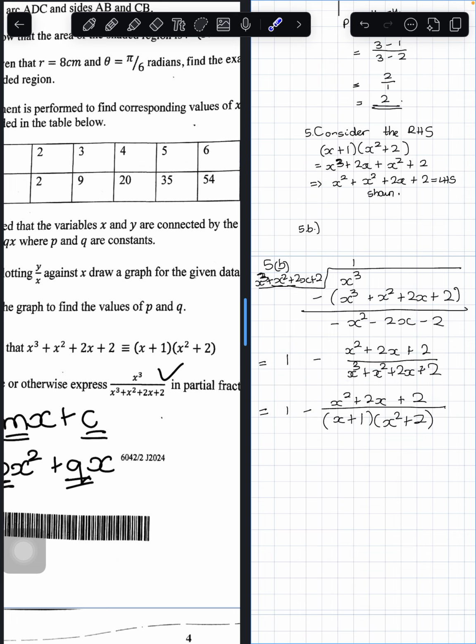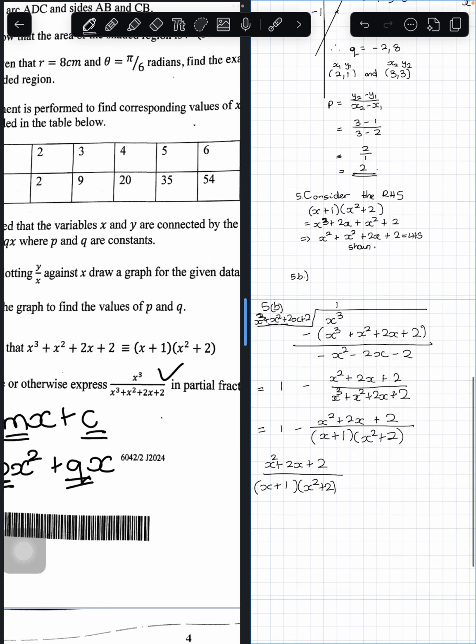Since we're partializing this side, we're going to say x squared plus 2x plus 2 over x plus 1, x squared plus 2 is similar to a over x plus 1 plus bx plus c over x squared plus 2.